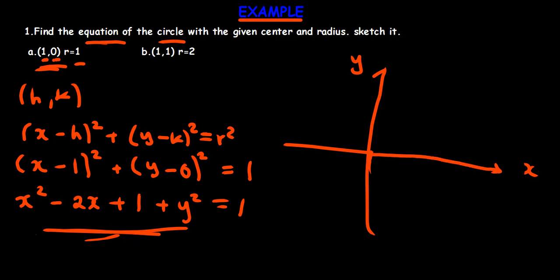Here's my 1. You understand the concept of what I'm trying to say. So you sketch it like that, and that will be your axis. The distance from the center to whatever point will be 1. We'll do the same with the next part of the question.